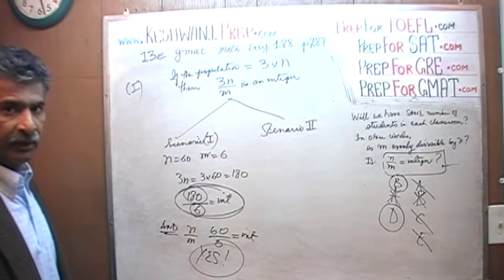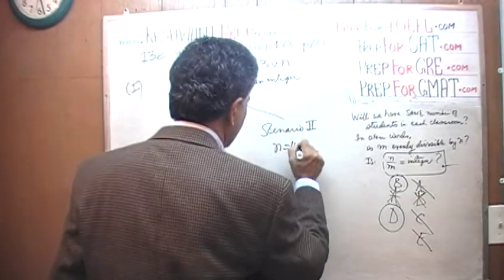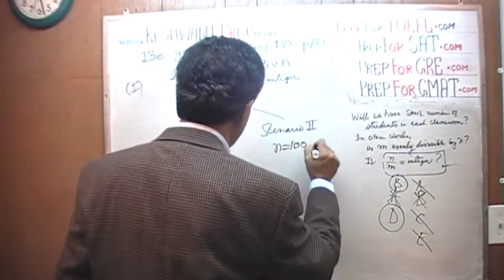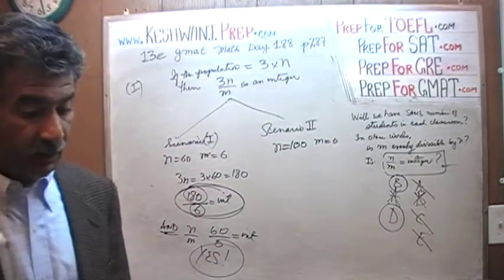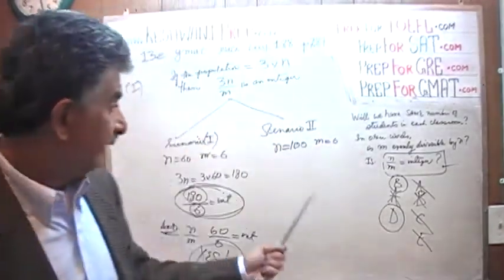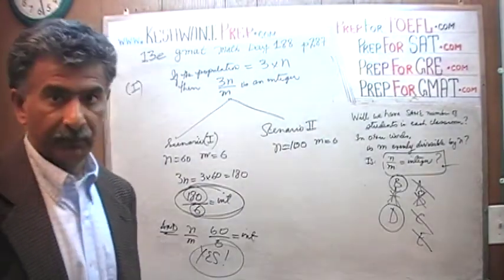Now we'll look at another scenario where we'll start out with something else, asking ourselves whether it would be possible for n to be 100. Here we are starting out by forcing a scenario where we know the answer would be no if everything works out.